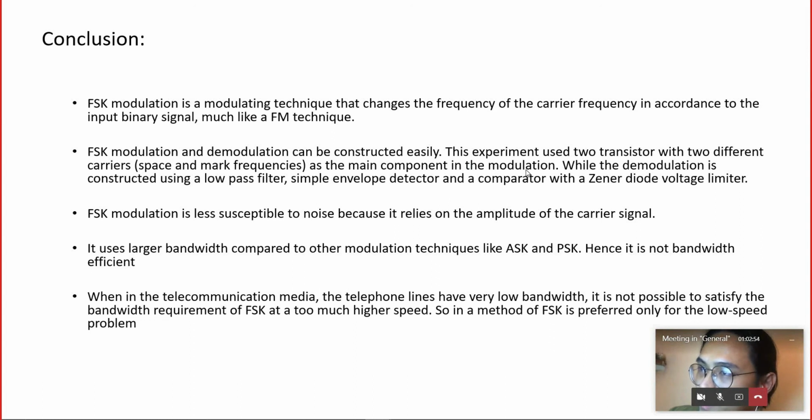We saw in this experiment that the modulator is just two transistors that act as a switch to output either the space and the mark frequency, depending on the input binary signal. And the demodulation uses only a low pass filter, an envelope detector, a comparator, and a Zener diode voltage limiter.